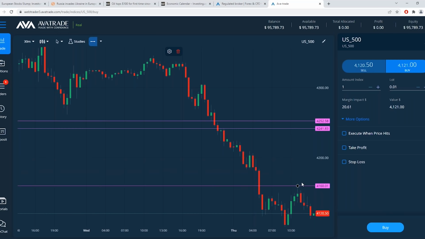Look for the nearest resistance, maybe here. Okay, it already tried to bounce and hit this price and pushed back down. So you could put a pending order up here that if it reaches this price to sell. And your stop loss could be up above this resistance here, somewhere up here.